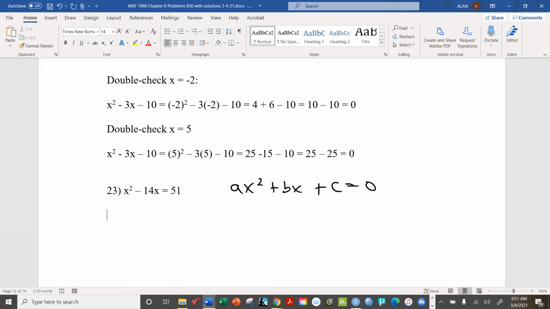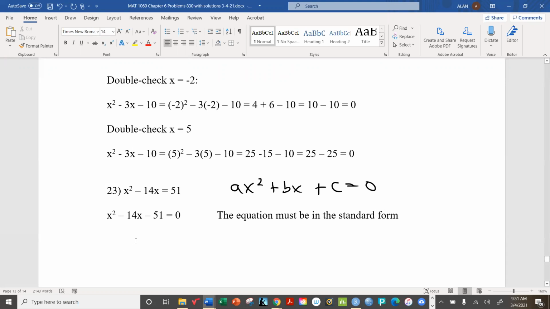So this becomes x squared minus 14x minus 51 equals 0. Okay, so in other words, the equation must be in the standard form, which I've shown above. All right, if not, you're going to get the wrong answer.